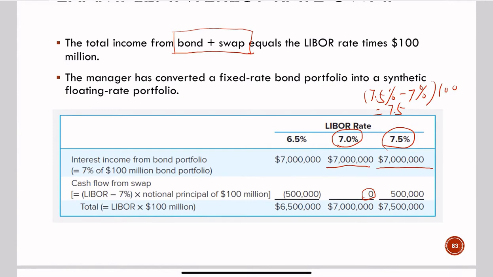It's not. I think it's $500,000. Yes, $500,000. Right. So in the end, you will have this amount, and this is exactly 7.5% times $100 million. I mean, this is actually a very convoluted way to understand this.